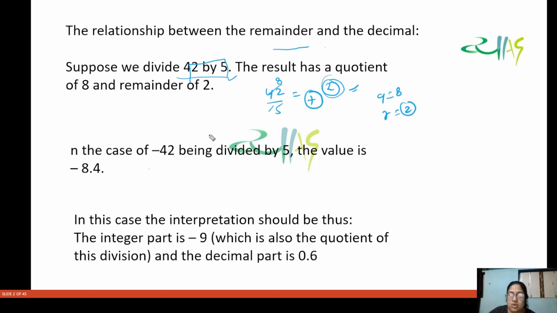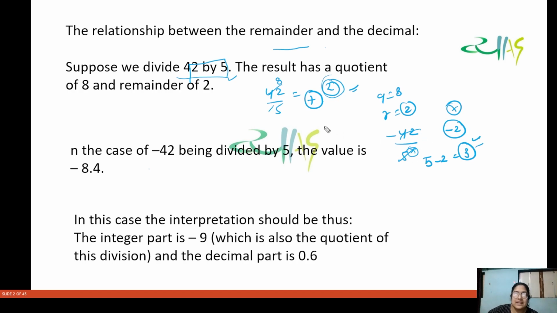Now if the number is minus 42 and you are dividing this by 5, the remainder is coming to be minus 2, but we cannot have a negative remainder. So what will the remainder be here? 5 minus 2, that will be 3. Okay, so always remember, guys, there will never be negative remainders.